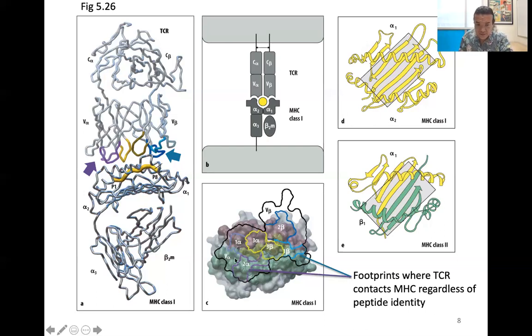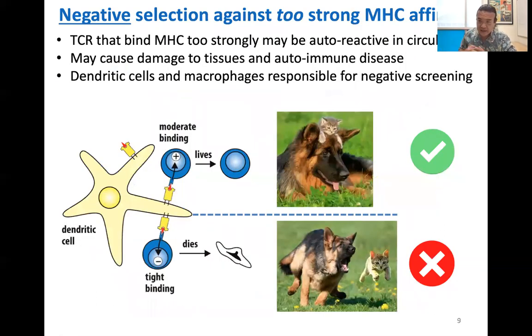And again, the darker purple outline, lighter purple outline, darker blue outline, and lighter blue outline represent where these loops over here are coming into contact, right? And you realize that the yellow ones in the middle are the ones that actually determine whether or not it fits the shape of the peptide. So much of this interaction is just the T cell receptor properly recognizing MHC. Right? So that's why you're selecting for T cells that have a T cell receptor that can do that.